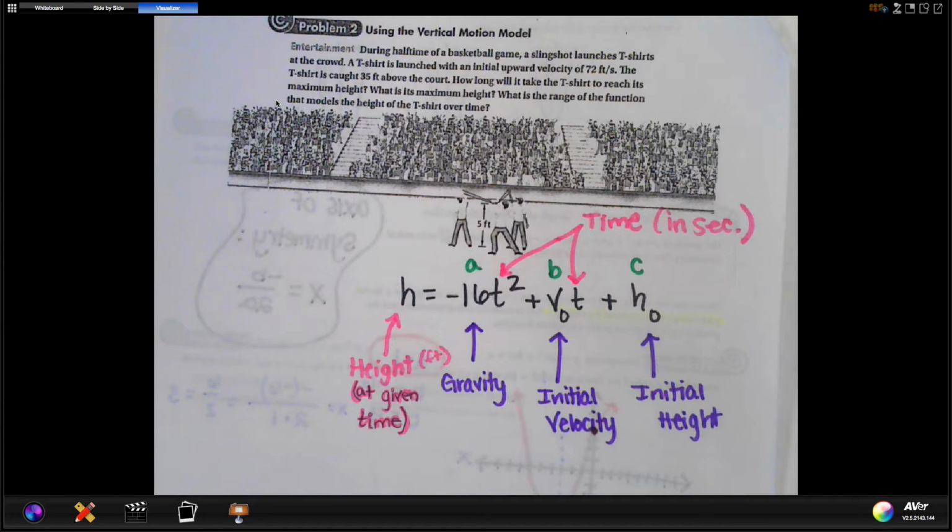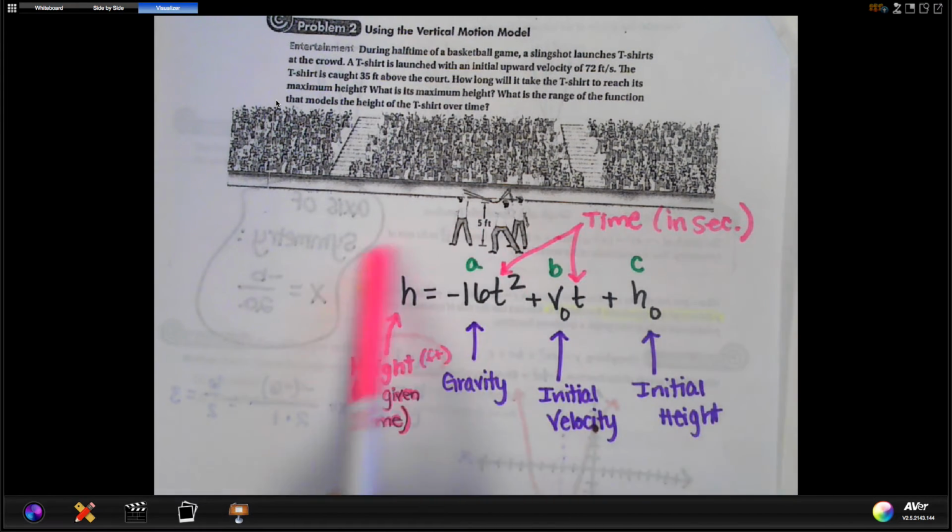So sometimes the projectile of something might start from the ground, which would be 0, right? If you're kicking a soccer ball and it's sitting on the ground, then that initial height is 0. However, if you're shooting a cannon, the cannon's not sitting on the ground, it's sitting up at an initial height, right? And so we're going to use this formula in a lot of ways.